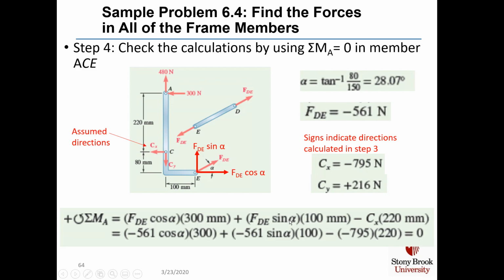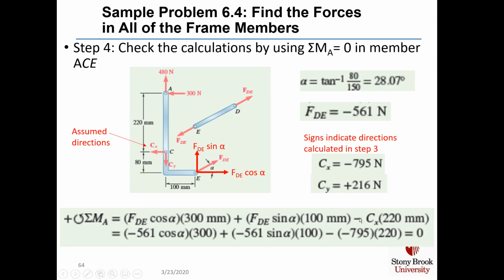And F sub DE times sine alpha is vertically up in the picture with the assumed direction, and it wants to rotate counterclockwise around point A. With the minus 561 Newton sine, though, you're going to find in this equation that it's going to effectively rotate that moment clockwise around point A. And then we have our minus C sub x. Here's C sub x.